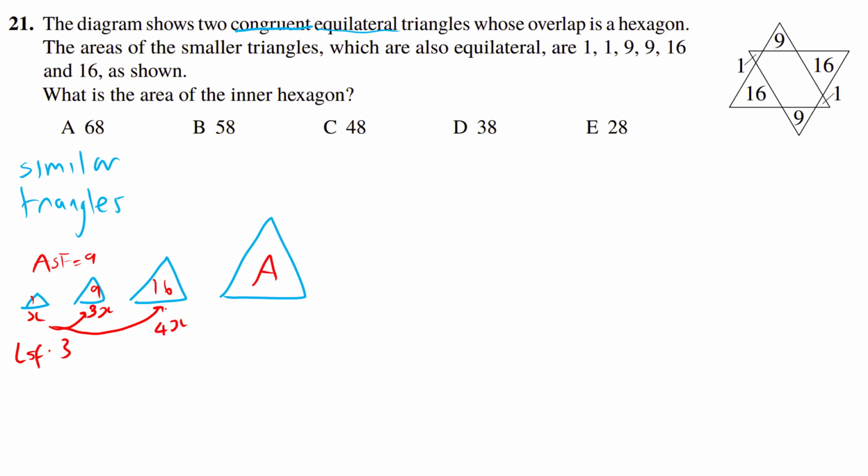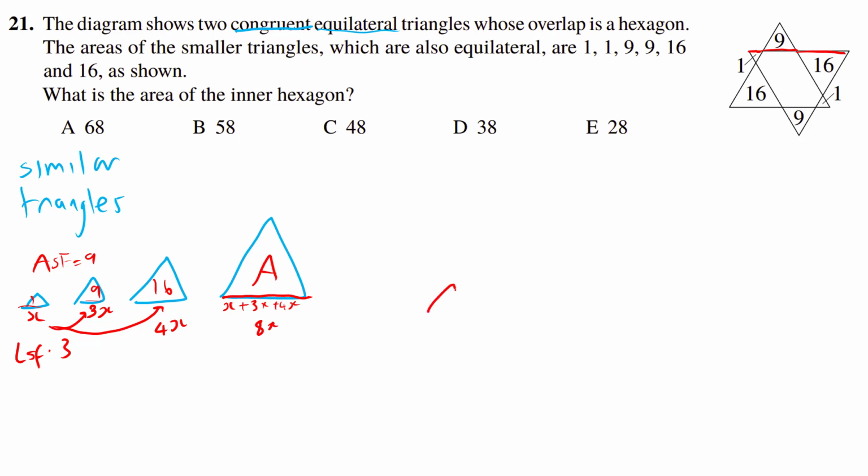So this length is going to be 4x, whereas this length was 3x. Which means, if we look here on our triangle, we have 1, 2, 3 of these lengths. This length on this big equilateral triangle is actually just these 3 lengths added up: x plus 3x plus 4x, which gives us 8x.